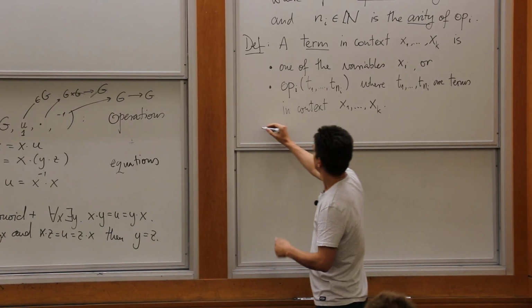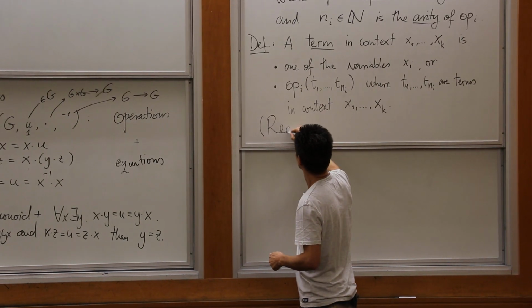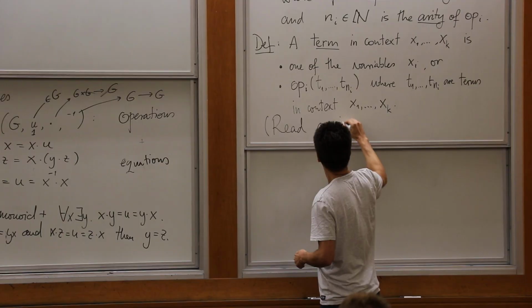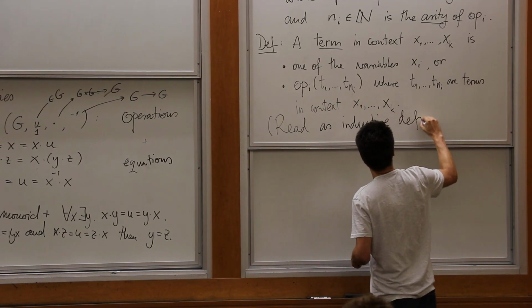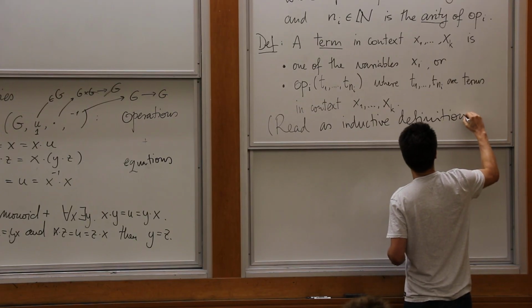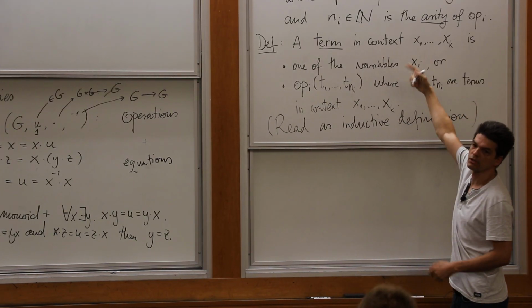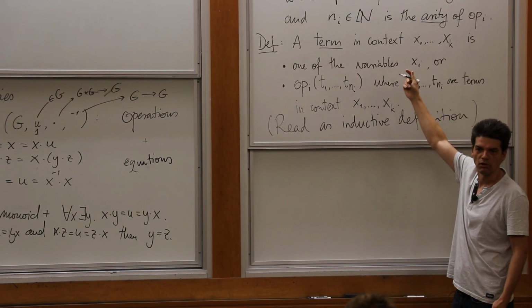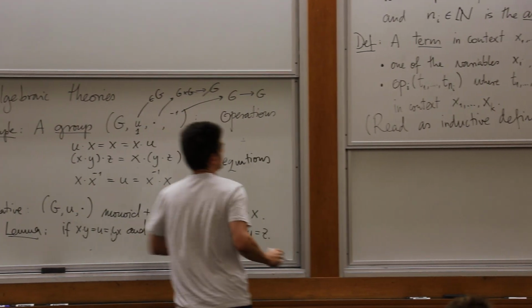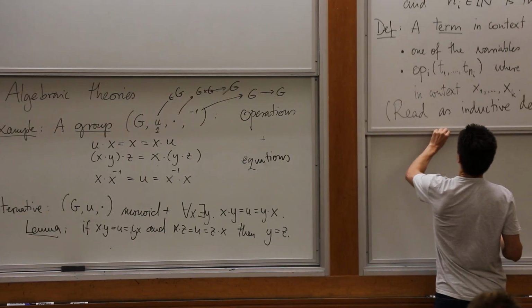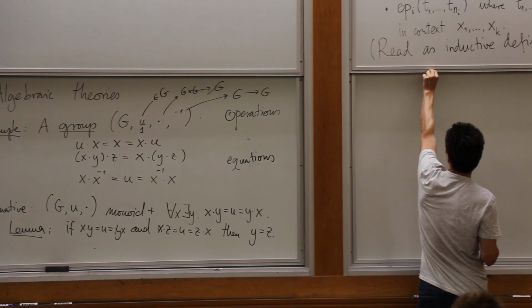This should be read as an inductive definition. Which means I'm giving you ways of constructing terms, and these are all the ways of constructing them. So that's what a signature is and what a term is, and then what is a theory?